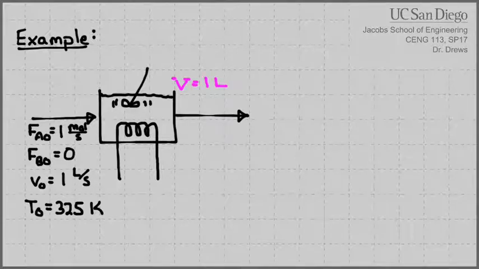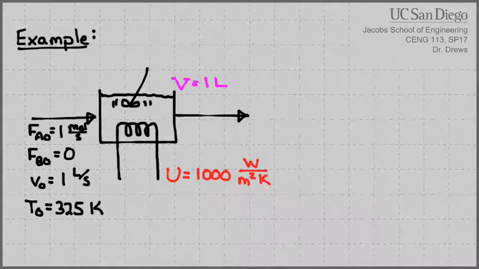Try to keep that, again, as simple as possible. And our heat exchanger, U, is going to be 1,000 watts per meter squared Kelvin. Our area, what do you think our area is going to be?